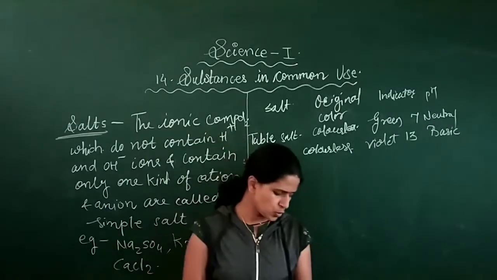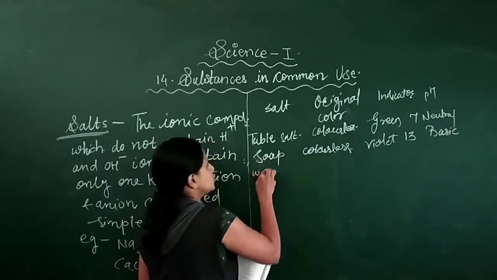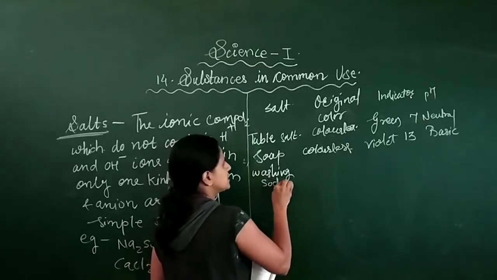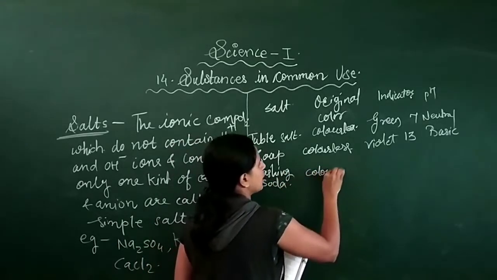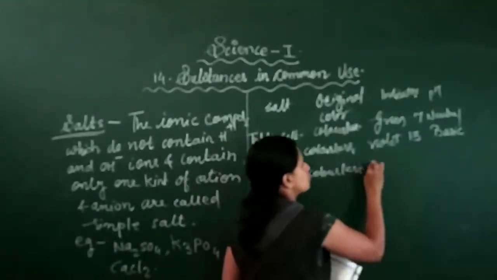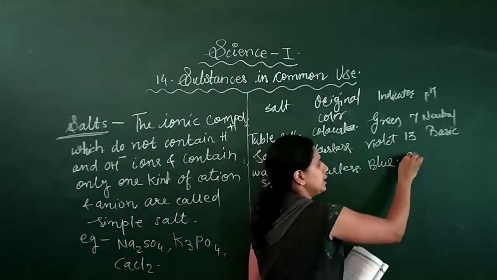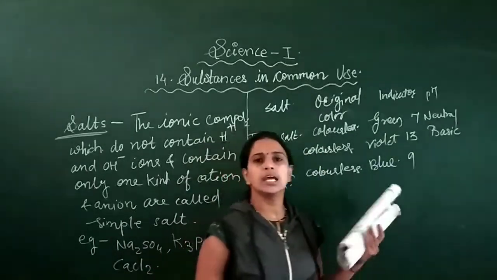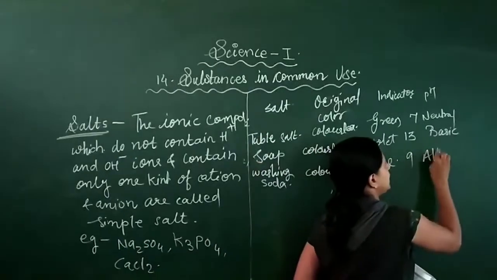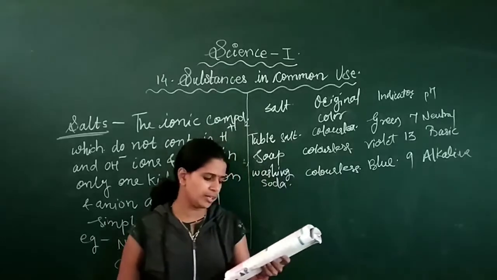The next one is washing soda. Again, it is colorless. So write down washing soda, colorless. When we put the indicator, it becomes blue in color. The pH is 9, and you know that if the pH is more than 7, it is alkaline in nature. So write down alkaline. It means basic, one and the same.